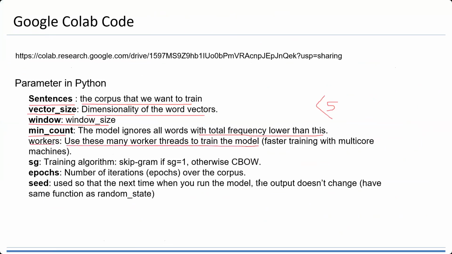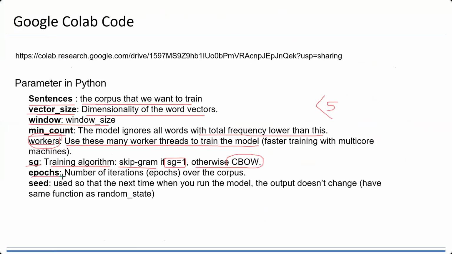If you have a good computer, then you can use more than one worker, so it can be like parallel computing. SG is the training algorithm. If you use skip-gram, then you set SG equals 1. If SG equals 0, then it refers to CBOW.